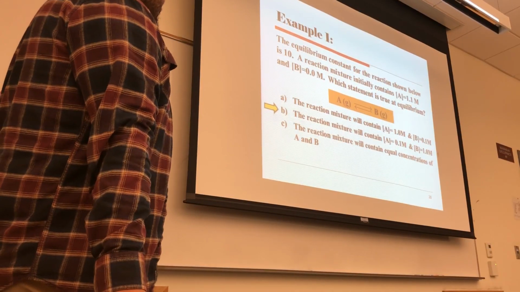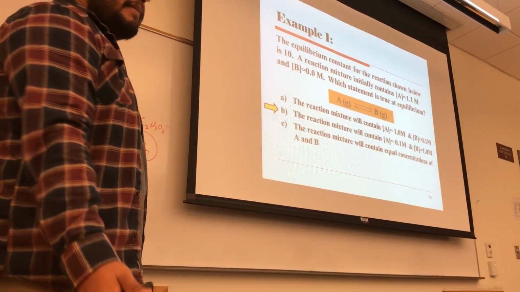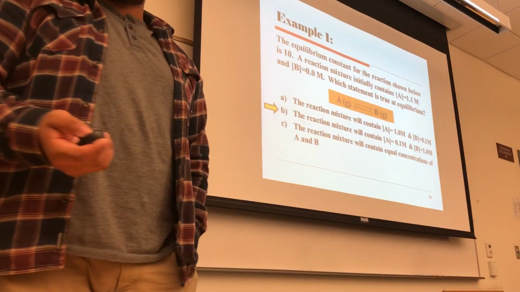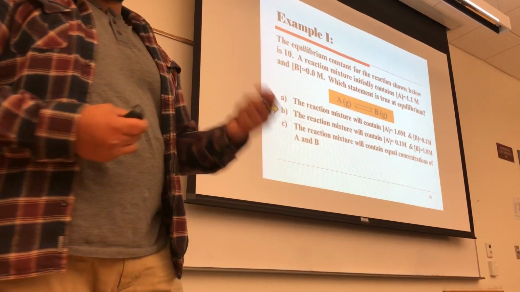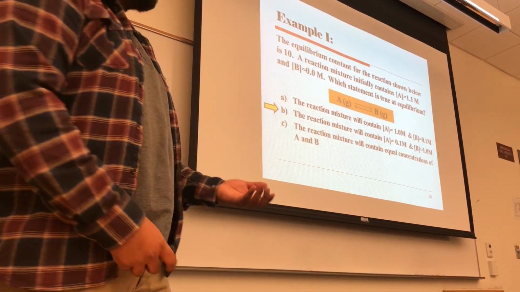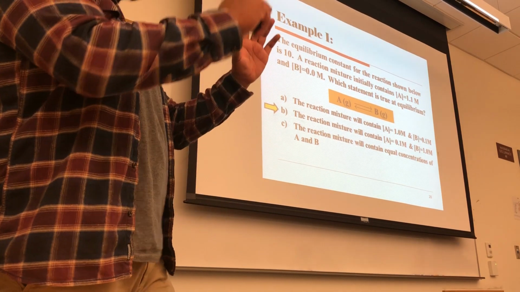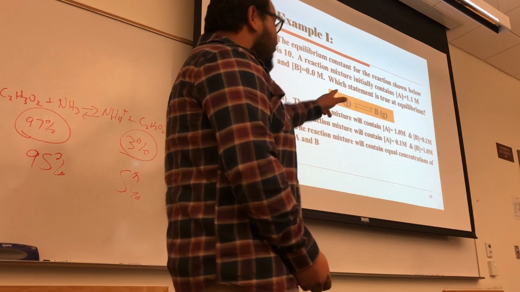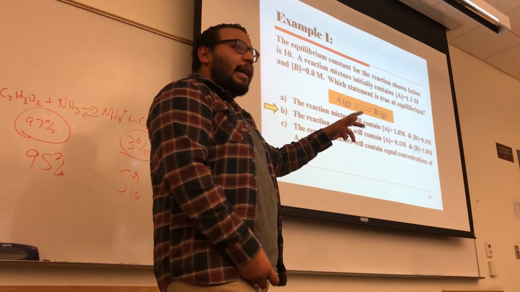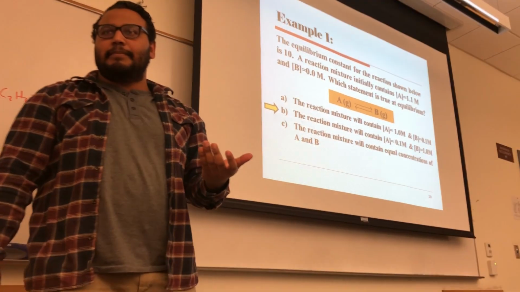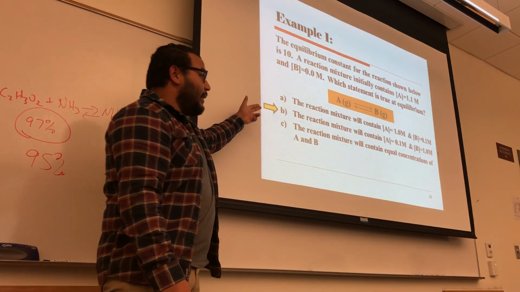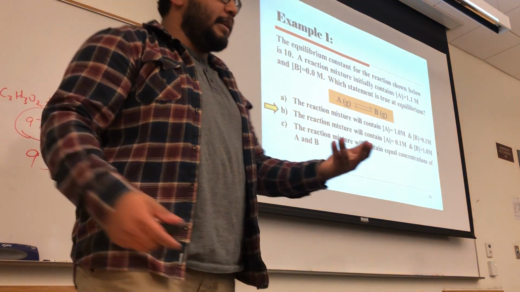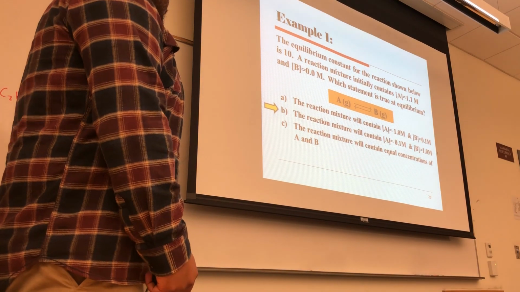If you don't fully understand it currently, write out the K expression. What would it be in this case? K is the molar concentration of B over A. Your next step would be to plug in the values that they give you, and which of those values results in a 10? If you do that, you're going to get B in this case. That's just if you didn't quite get it initially.